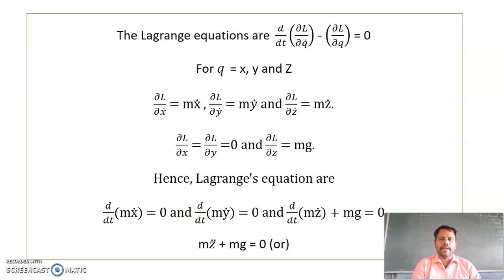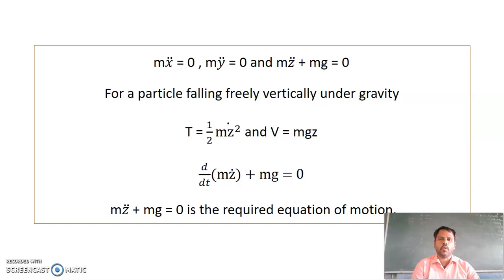Therefore, m z double dot plus mg is equal to 0 is the required equation for a freely falling particle under gravity. So the relationship for x and y is found to be m x double dot is equal to 0, m y double dot is equal to 0, and for z it is m z double dot plus mg is equal to 0.